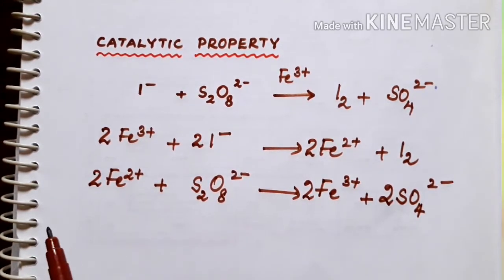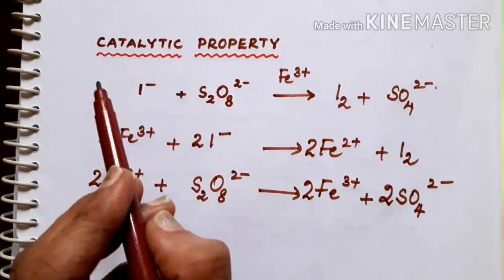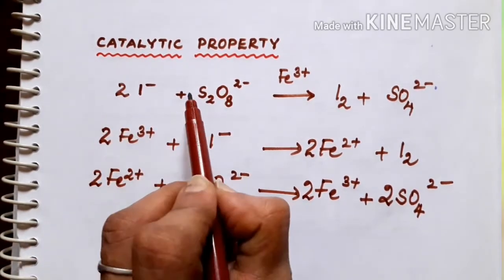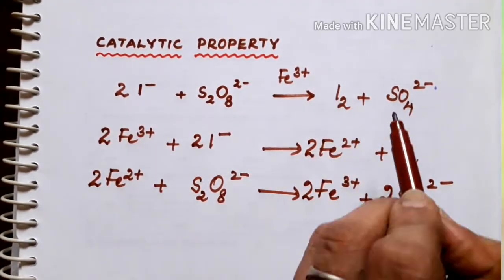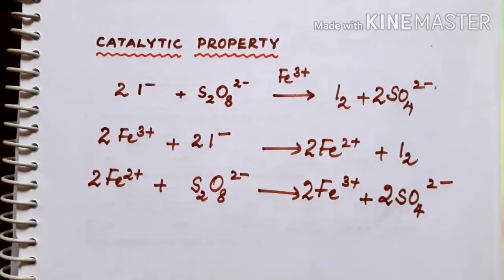So then the net effect will be that Fe3+ will be cancelled out, and we get 2I- giving I2 + 2 SO4 2-. Iodides combine with persulfate ions to convert into iodine and sulfate ions in the presence of Fe3+.